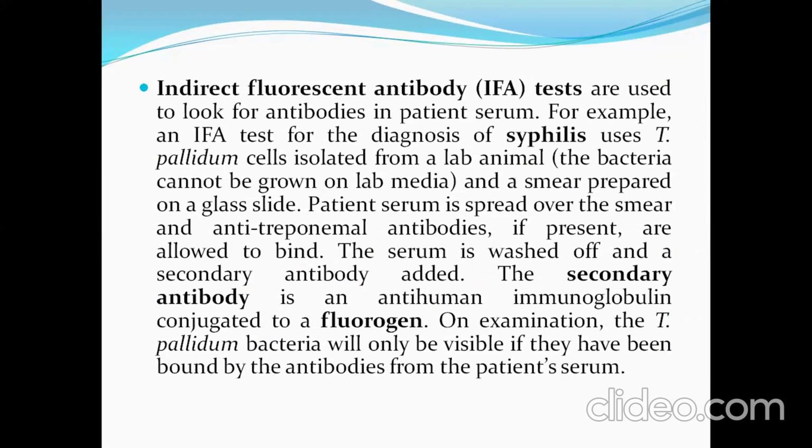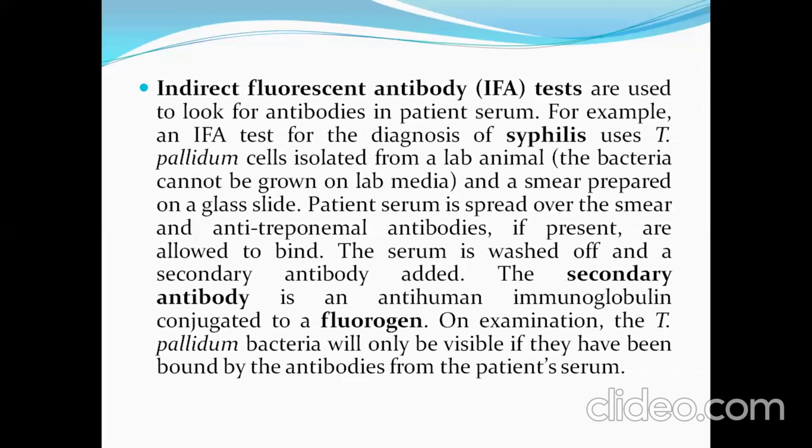Okay, so initially the syphilis antigen is prepared on a glass slide as a smear, and patient serum is applied over the smear, and anti-treponemal antibodies, if present, are allowed to bind. So if syphilis bacteria are present on the slide and anti-treponemal antibodies are present in the patient blood, then they will bind with each other.